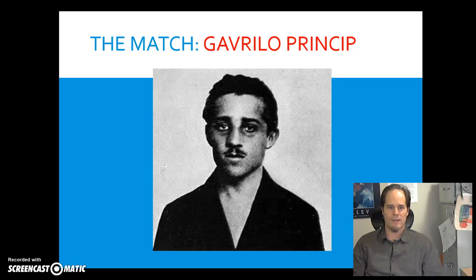Austro-Hungary, by contrast, had been inching ever more into the vacuum created by the departure of the Ottomans, and this made a lot of Serbian people angry. So there was this group called the Black Hand Organization. It was like a secret terrorist organization that was trying to undermine the Austro-Hungarian Empire.